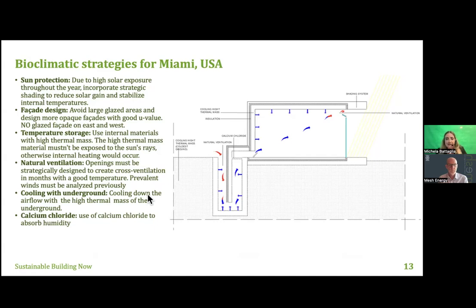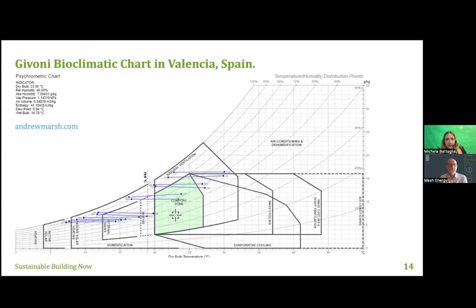But for example, in Miami, the temperature of the underground at 6 meters depth is around 24 to 26 degrees Celsius, depending on the type of underground material. Here we are in Valencia, Spain.